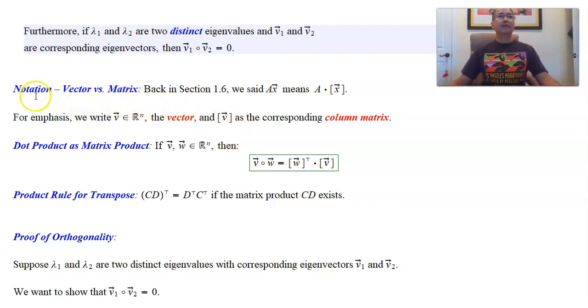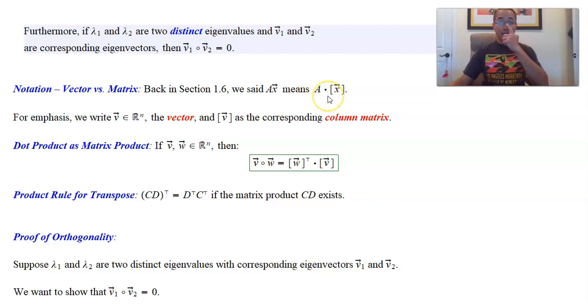All right. So first of all, let's distinguish between a vector and the corresponding column matrix. When we were back in section 1.6 and we first defined the matrix product A times X, it means turn the vector X into a column matrix.